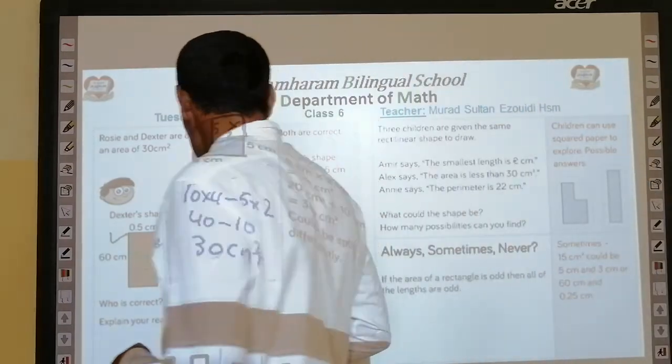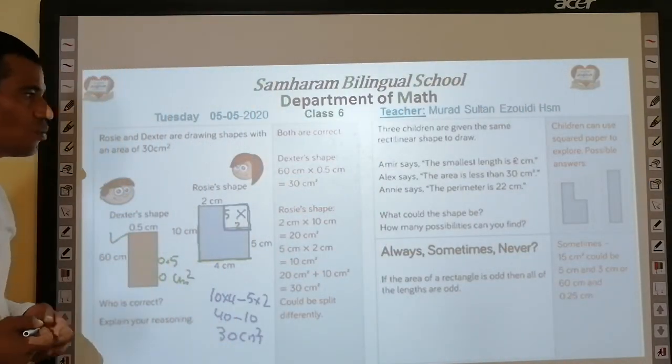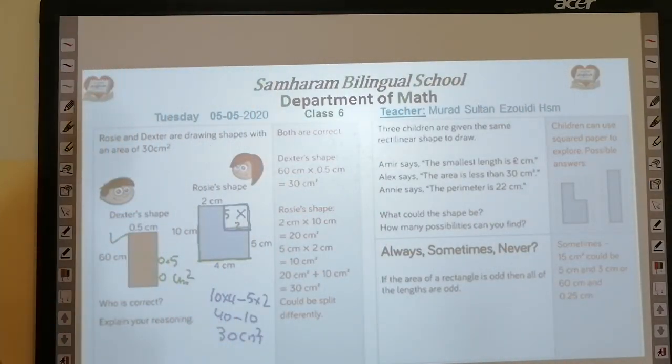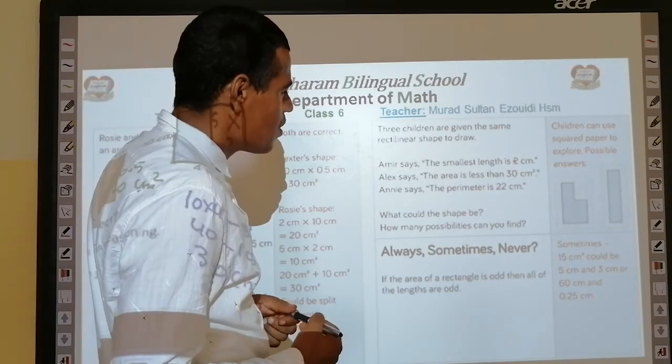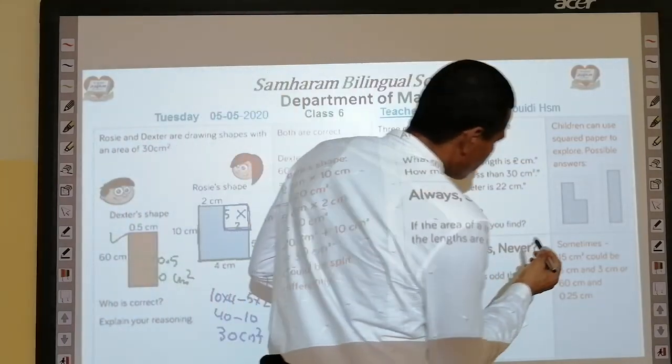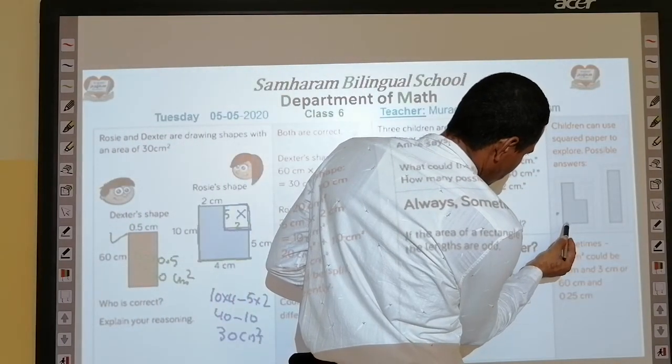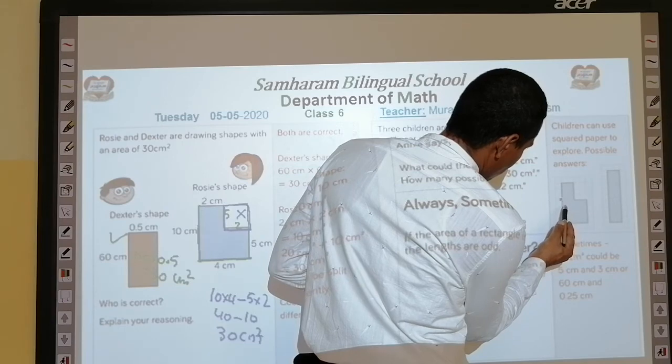Here, we have at least drawn 2 possible shapes. The first one, we said the smallest length is 2 centimeters. The area is 30. So we count the squares: 1, 2, 3, 4, 5, 6, 7.